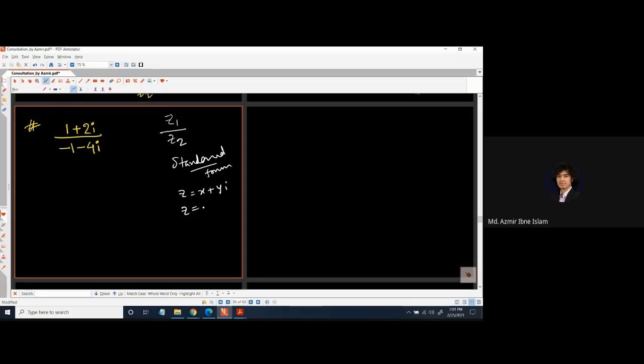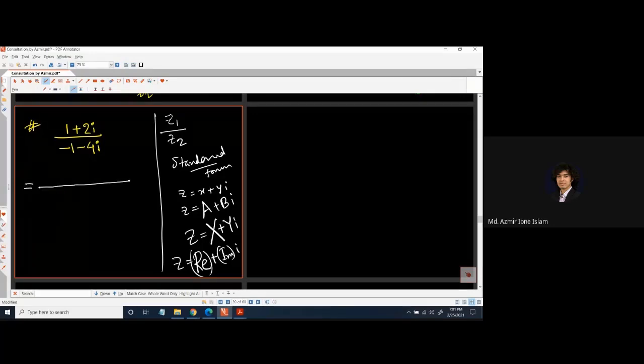You can also think about A plus BI, or capital X plus YI. We can also write it as real part plus imaginary part with I. These are the standard forms of a complex number. Since we have I here, this division can be done in this way.